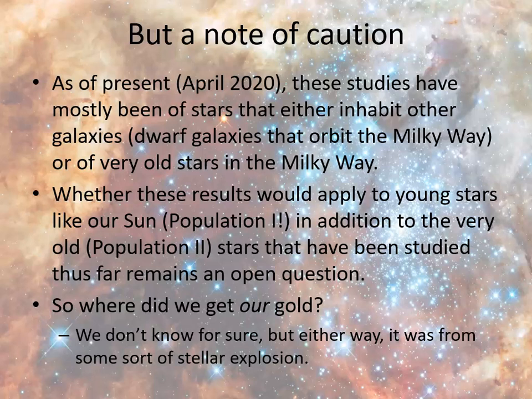It is believed by many that most of the heavy elements in our solar system were produced by the explosion of another star that formed in the same giant molecular cloud as our sun. That also would have been a population 1 star. That is not an old star. That's a young star. In other words, would this necessarily be the case with stars that already start off with a lot of metals? So the question is, where did we get our gold? Well, long story short, we really do not know.